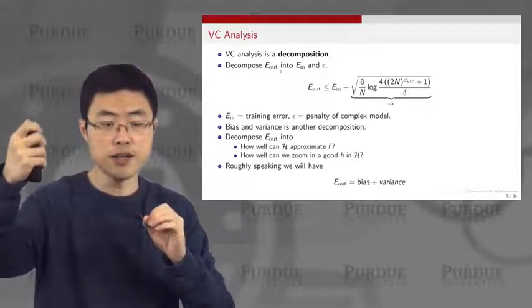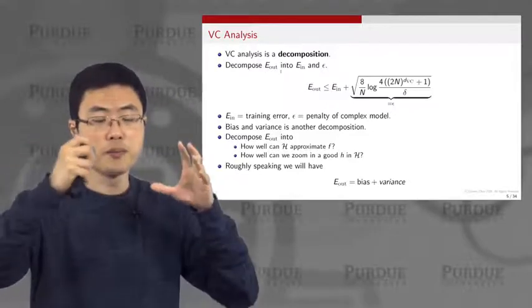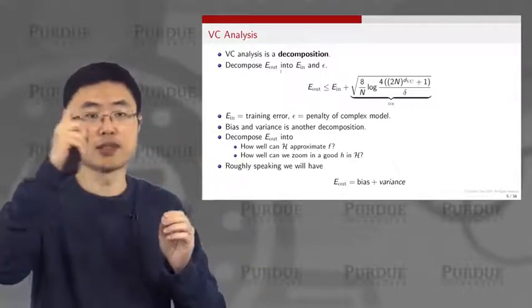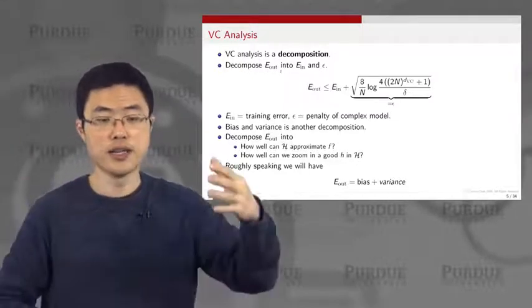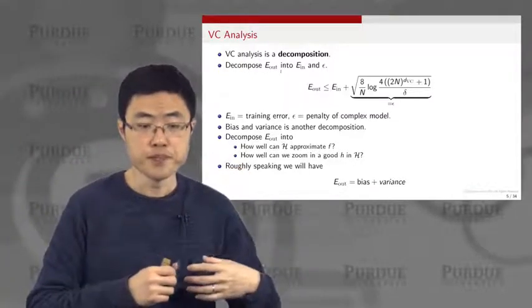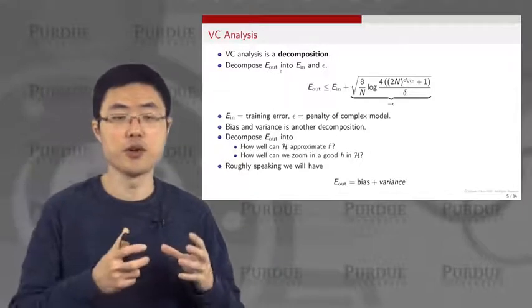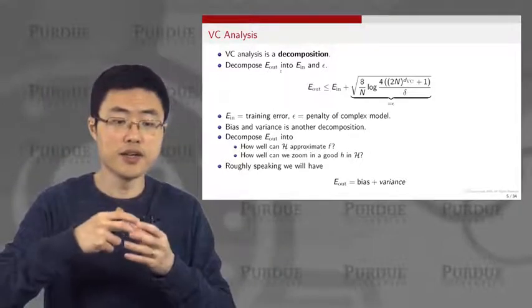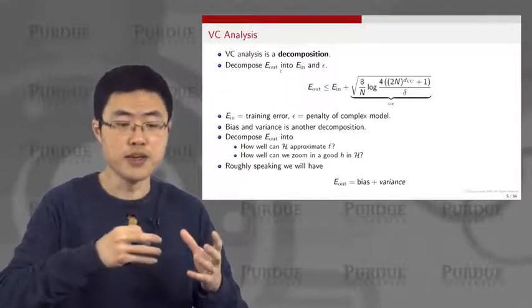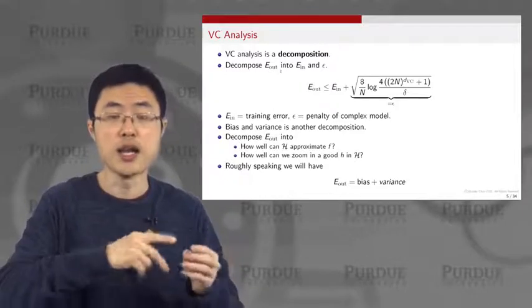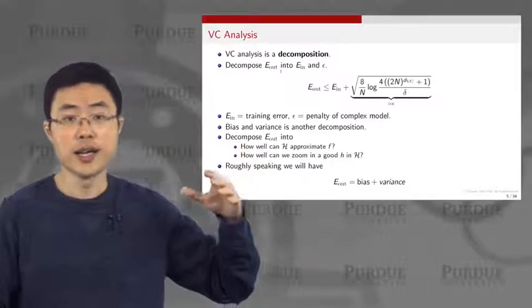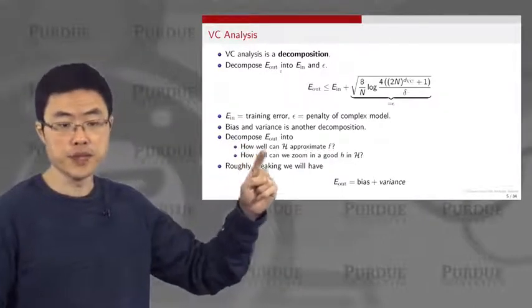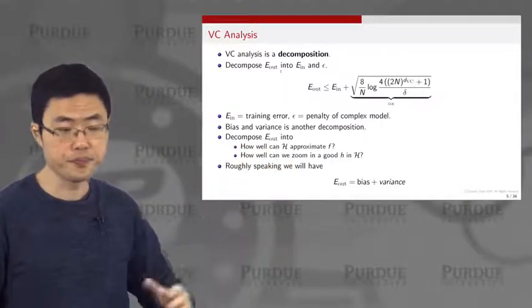The target function is there, and then you want to see how well my hypothesis set is compared to that target function. If a target function is a high-order polynomial, and then my hypothesis set is a first-order polynomial, then there will be some kind of gap between the hypothesis that you're choosing compared to the target function. So that is the first question: how well can your hypothesis approximate your target function?